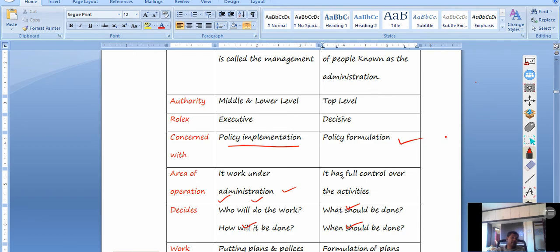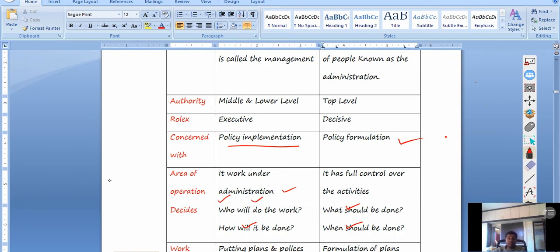For example, cabinet ministers are administrators. They have full control on all the governmental activities. And the employees who are working under the government are working under the administration.